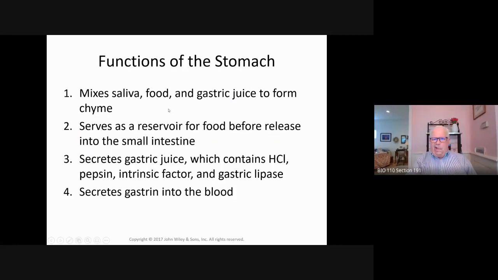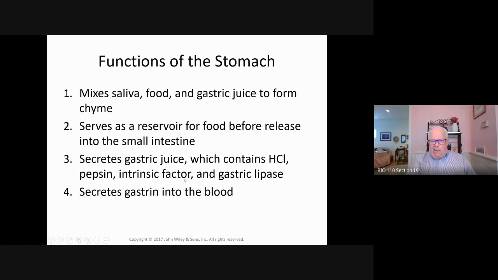Another function of the stomach is to secrete gastric juice. And we will talk about gastric juice because it contains hydrochloric acid. It contains an enzyme called pepsin. It contains intrinsic factor, which we'll talk about, and it contains another enzyme that digests fat called gastric lipase.